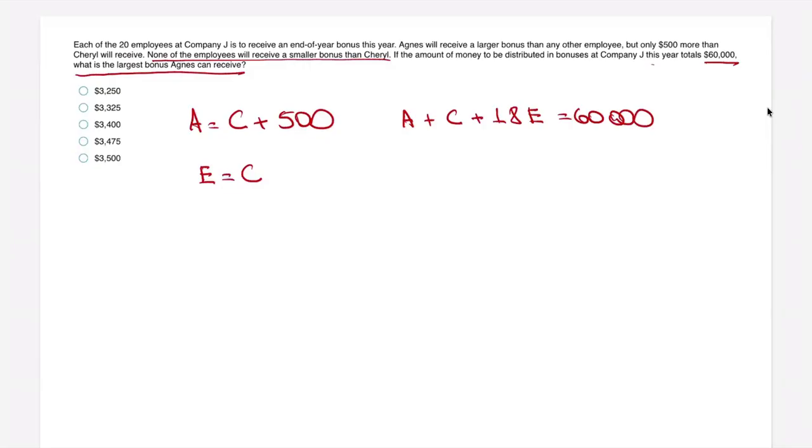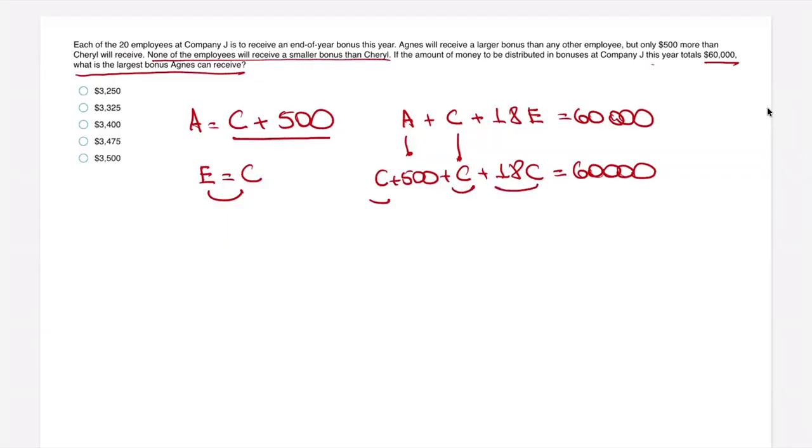Okay, let's put everything in terms of the same unknown. A is C plus 500. I will substitute. C, I will maintain C. And 18E, E is equal to C. Super easy? I have everything in terms of C.